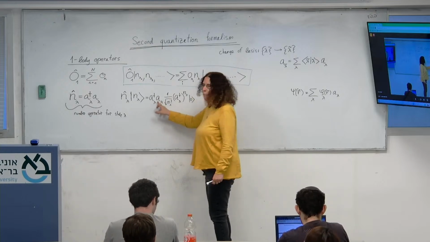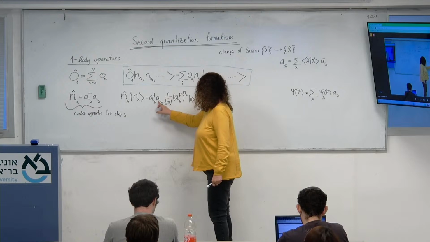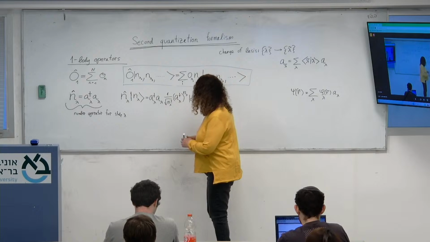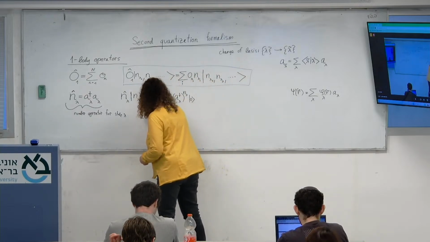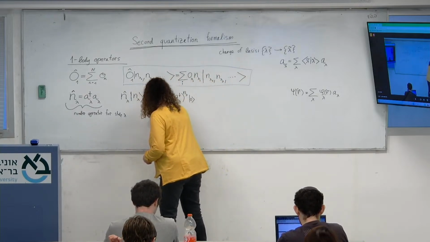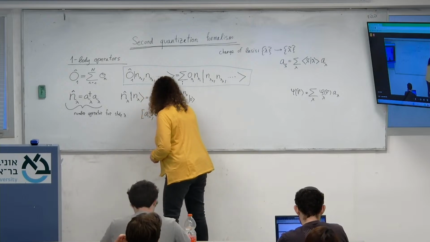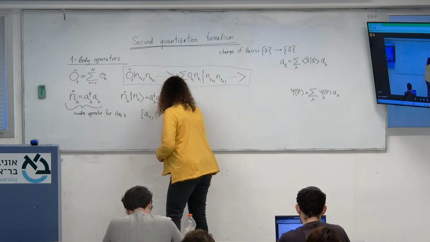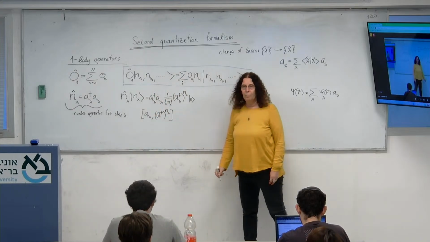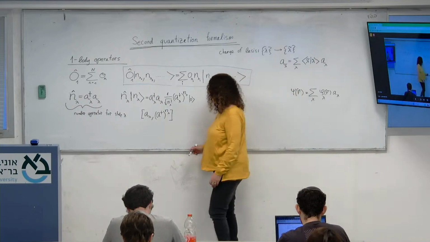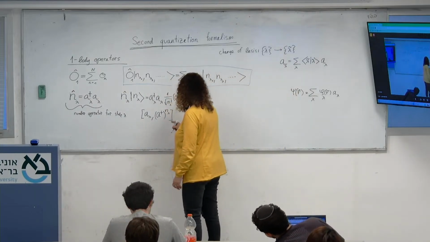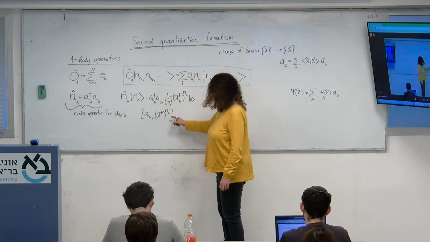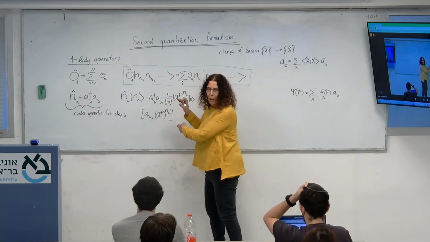But I can reshuffle a lambda to here by using a commutator. If you know the commutator, you can replace a dagger to the power n times a lambda by switching them plus the commutator.